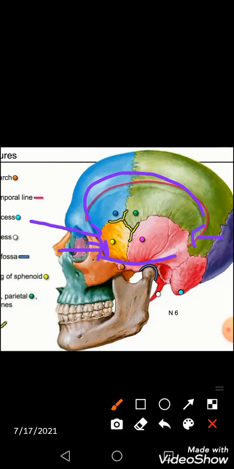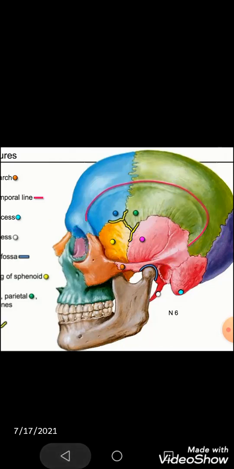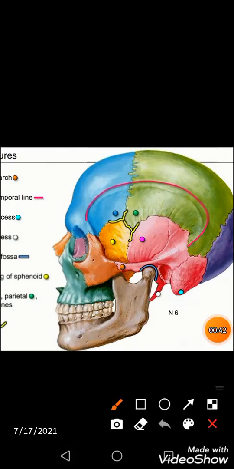Posteriorly you can observe that the inferior temporal line is coming, and also the supramastoid crest is forming the posterior boundary. Now what about the floor? It is formed by four bones: the frontal, the parietal, the temporal, and the sphenoid via its greater wing. And this is the same place where the pterion is formed, right?